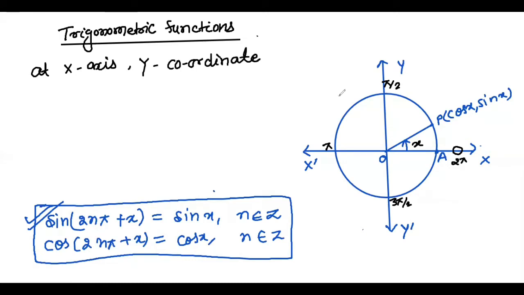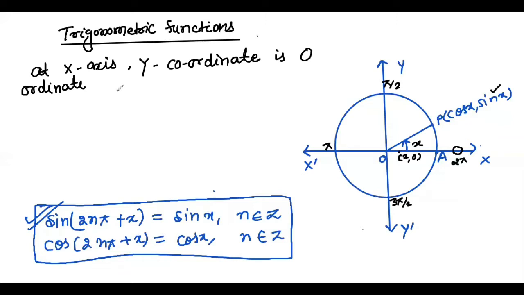If I'm taking a point (2, 0), it means on the x-axis the y coordinate, the ordinate, is 0. We know this one. So what is the ordinate value? According to the point P, the ordinate is sine x.